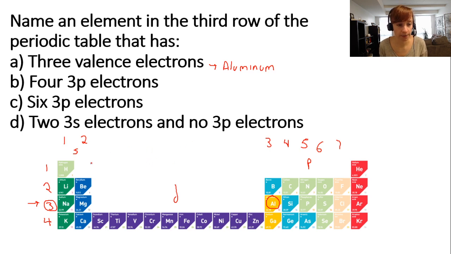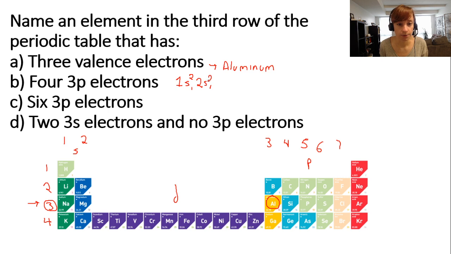So now the way it goes, if we want 4 3p electrons, we start with 1s, 2s, so 2 electrons in the 1s, and that would be hydrogen and helium in that case.